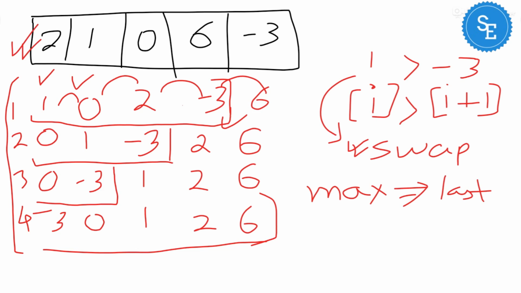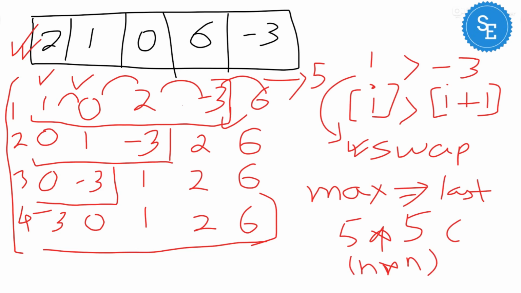So it will be up to 5 here, and here we are also doing n steps, and here also we are doing n steps. So we are doing this n, 5 times. Generally we can say this iteration is taking place n times n times.